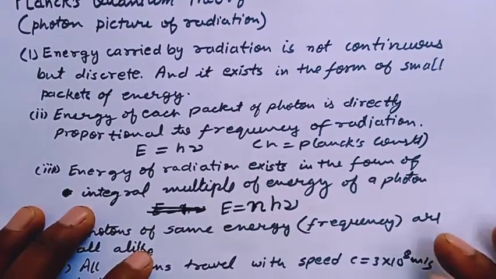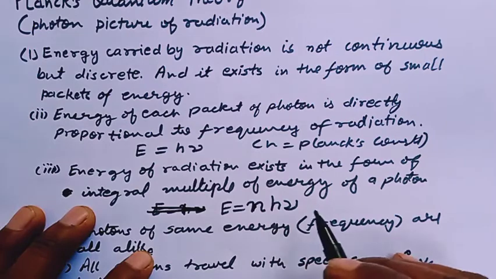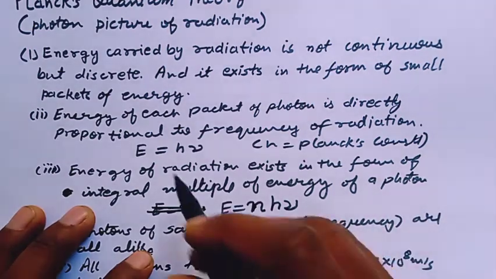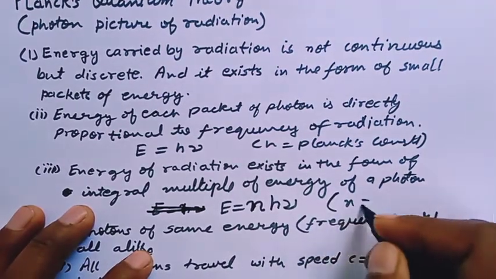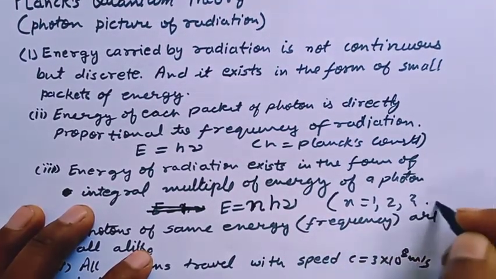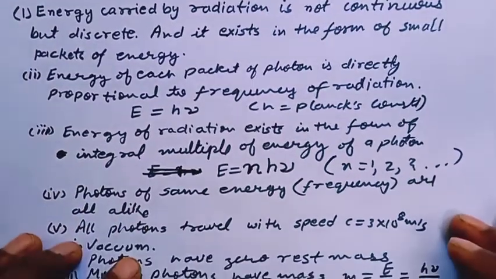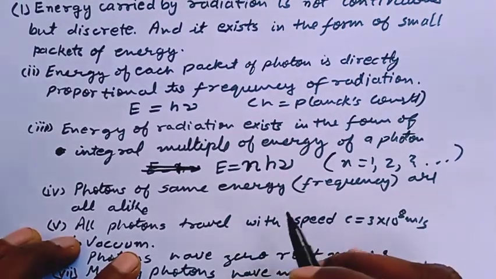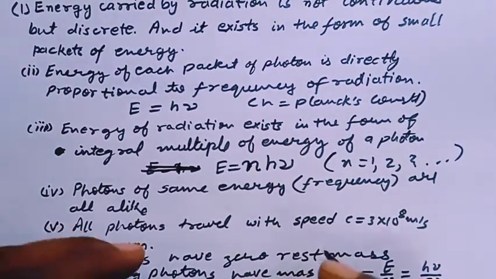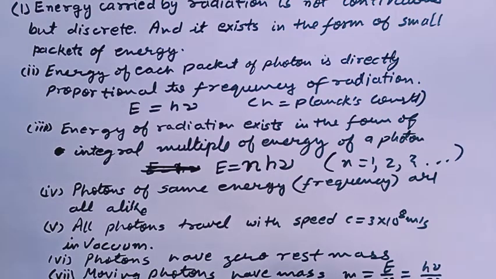Energy of radiation exists in the form of integral multiples of the energy of a photon, so E equal to h nu for a single photon, and if there are a number of photons, then it is an integral multiple. Photons of the same energy or frequency are alike. So if we talk about photons of red light, all those photons which lie in that region will look alike.